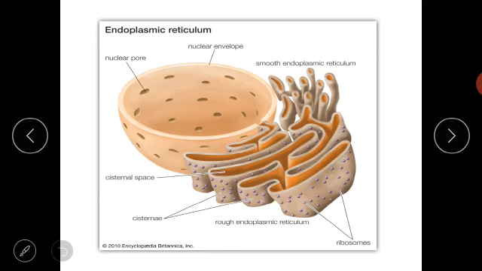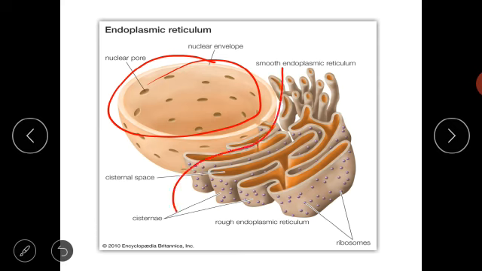This is the image of the endoplasmic reticulum, and this is the transverse section of the endoplasmic reticulum and nucleus. This is the nucleus, and these are the transverse sections of the endoplasmic reticulum.